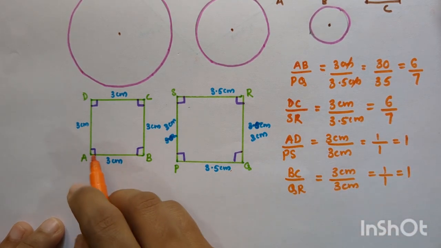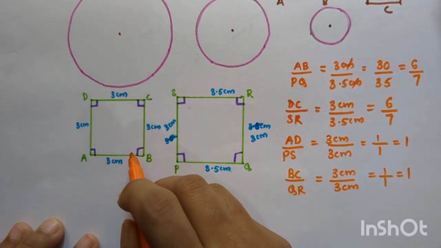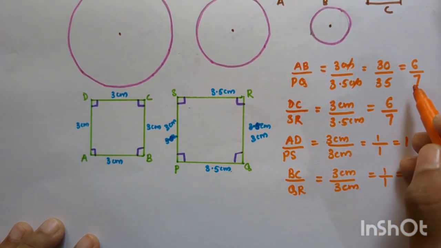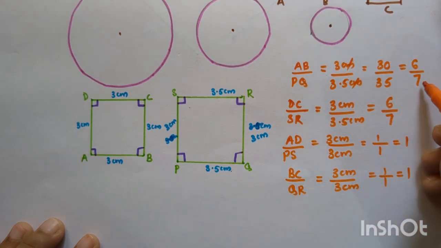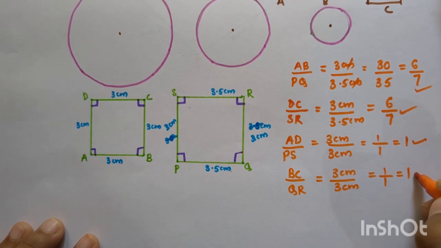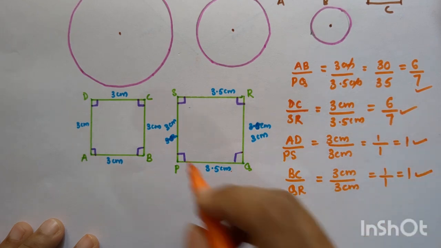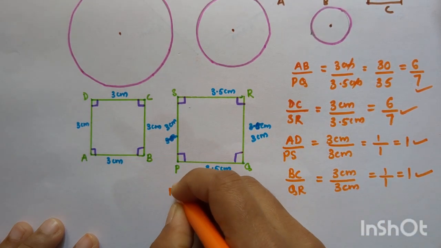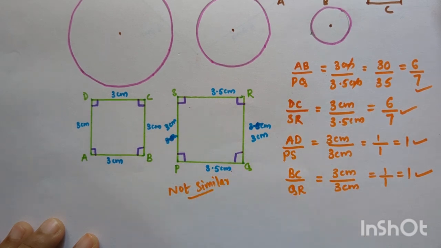So you see, all the corresponding angles of these two quadrilaterals are the same. But the ratio of corresponding sides, they all are not the same. See, this is 6 by 7, this is 6 by 7. But this is not 6 by 7, this is also not 6 by 7. So the ratio of all the corresponding sides are not the same. So these two figures are not similar figures.